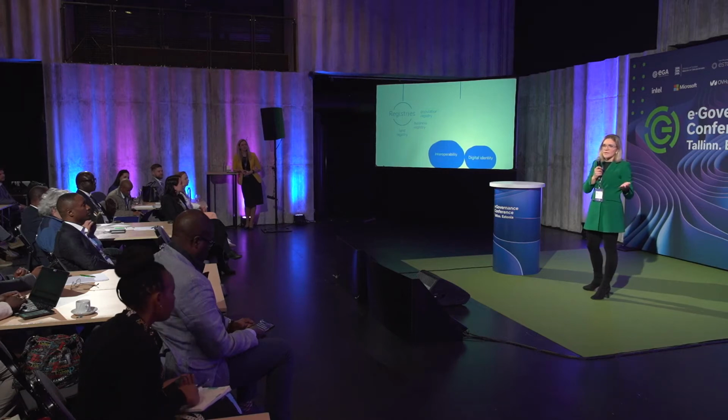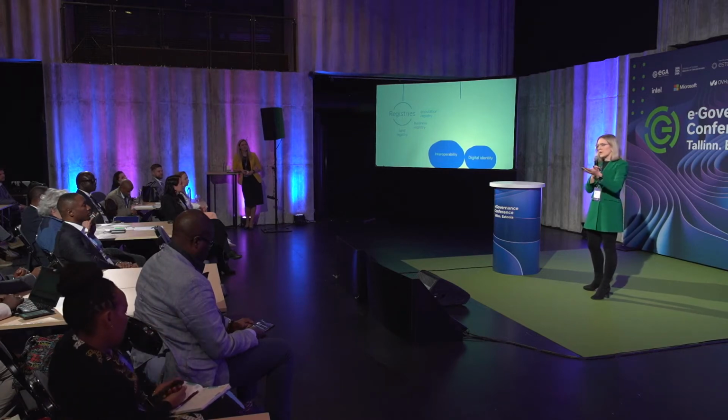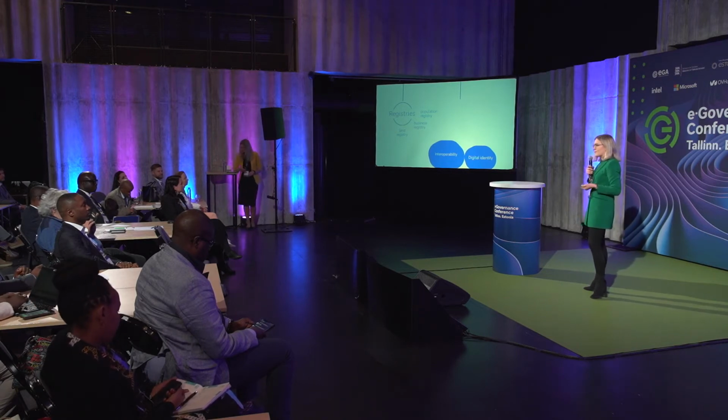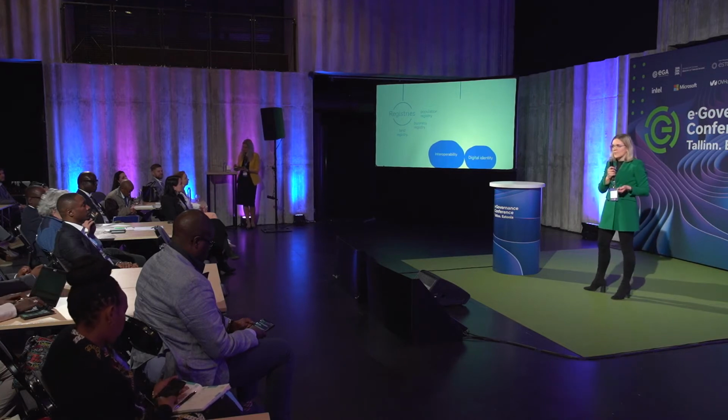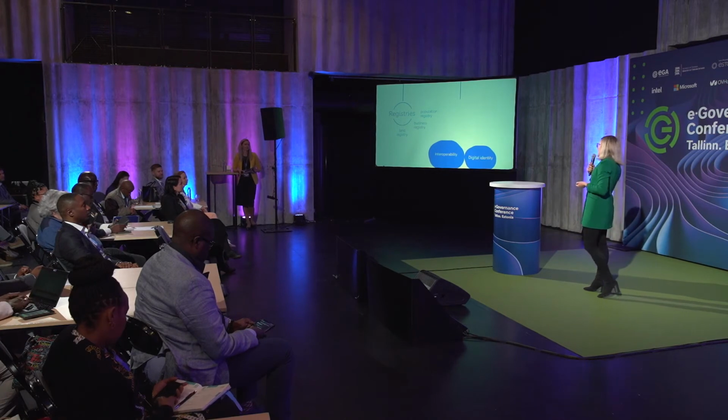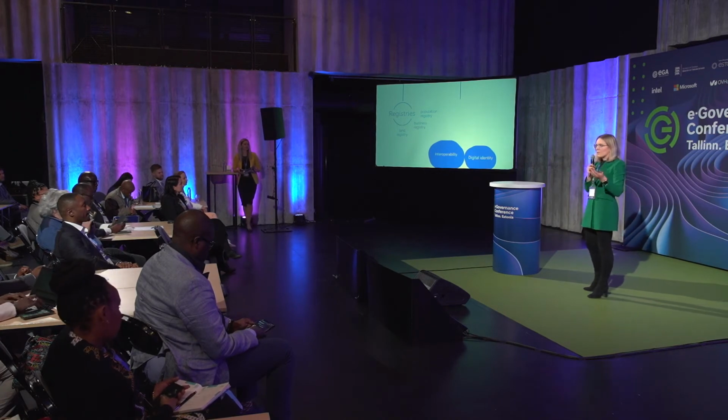But eventually, this technological foundation also falls under a broader interoperability framework. And this should also consider other layers of interoperability. So not only technical, but also organizational interoperability, semantic interoperability, and legal interoperability. Eventually all these layers are important in addition to the technical side.